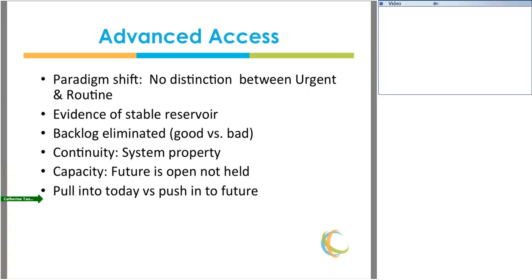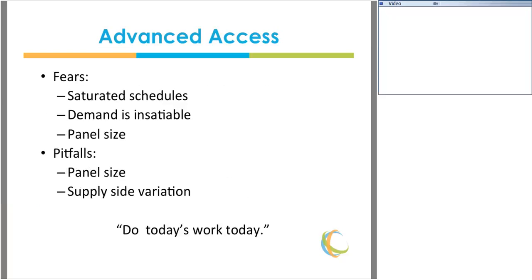So we found ourselves really motivated to pull as much work into today as we could versus pushing it into the future, which had been our survival mechanism. That's how you deal with a traditional model, is you push some of the work into the future.